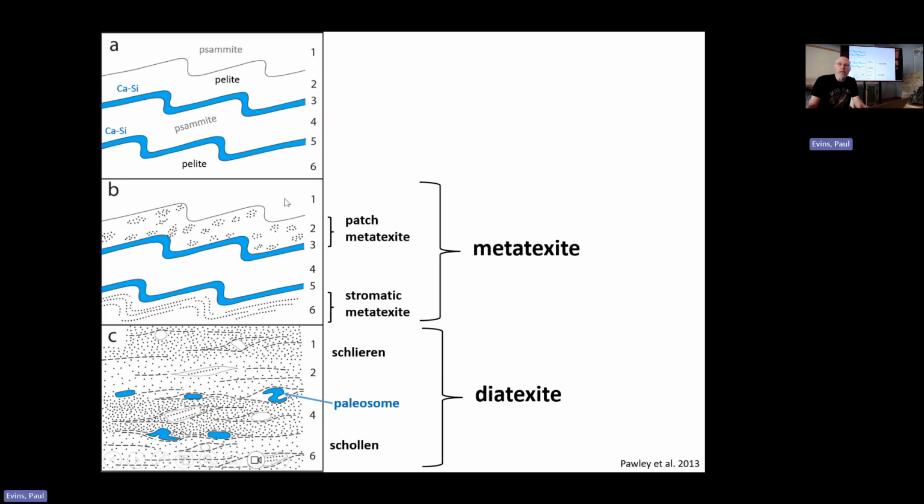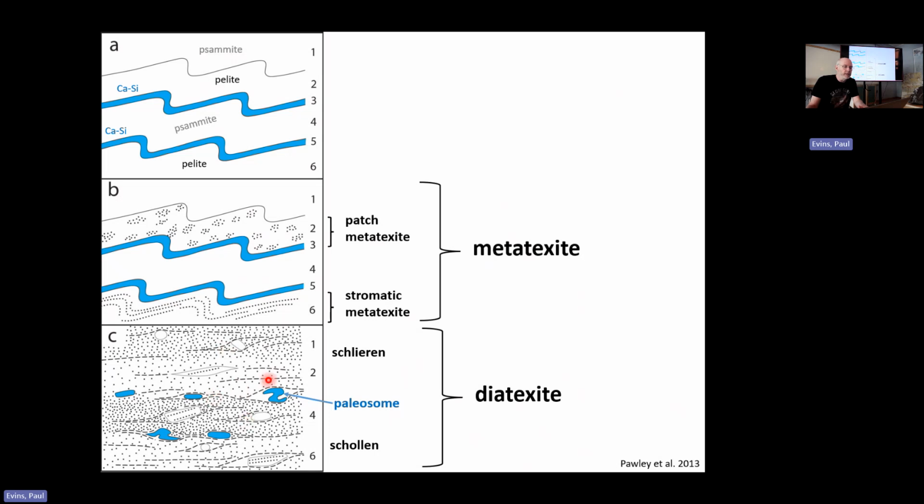At low amounts of melting at the beginning, in the samite, nothing's happening in these two layers. The pelite, which has more micas and more water, which makes it melt easier, starts to form, say, a patch migmatite in this one, and maybe in here we're getting the stromatic migmatite. Maybe this one isn't quite as fertile, so you can't get them joining together, but we're still deforming things, so we're making stromatic, where this one's more fertile. Nothing's happening to the calc silicates. It's hard to melt a calc silicate rock.